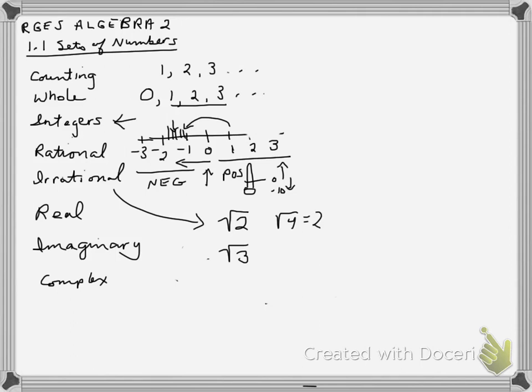So that would not be an irrational number, but these would be irrational numbers. When you plug that into your calculator and look at the decimal value, you will find it is a pattern that is not terminating or repeating.